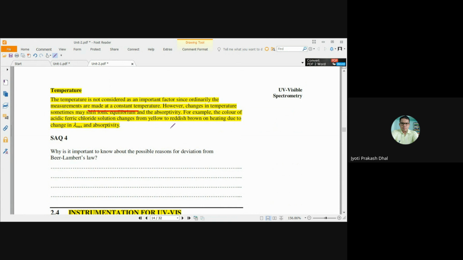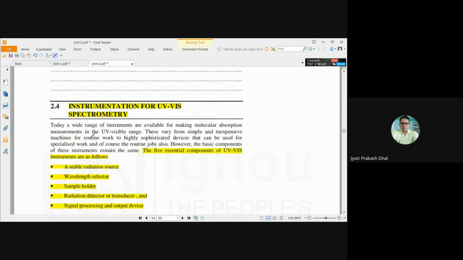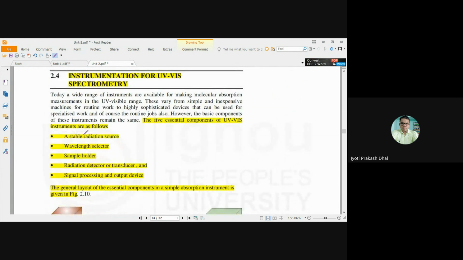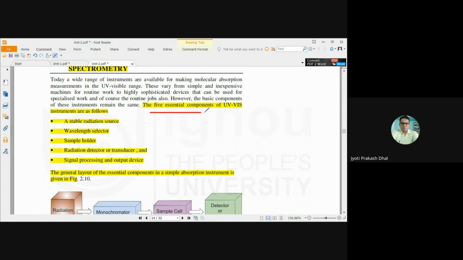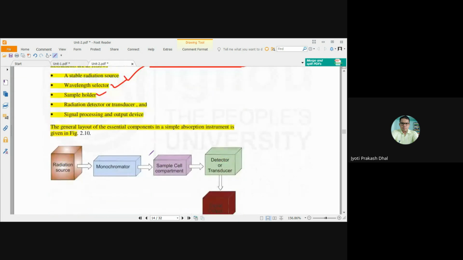Now coming to the instrumentation for UV-visible spectrometry. The five essential components of the UV-visible instrument are a suitable radiation source, a wavelength selector, a sample holder, a radiation detector, that is a transducer, which is an electronic apparatus, and a signal processing or output device.